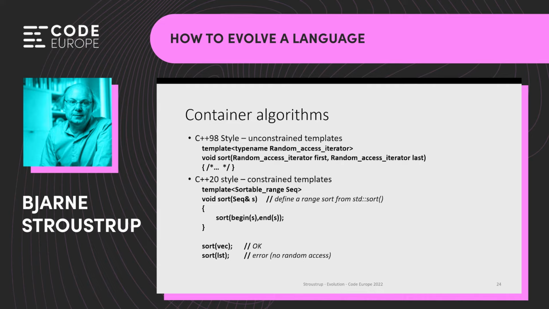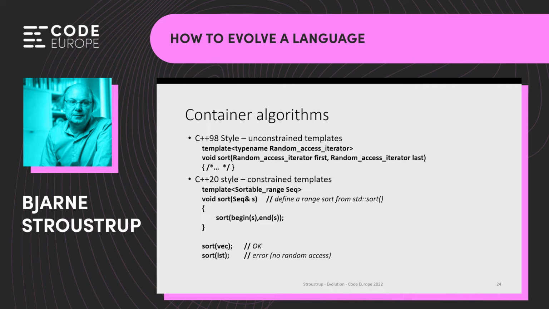This is fine. And it's sort of a pain in the neck because you have to say the beginning and the end, and 99% of the time you just want to sort a container. What kind of container? Well, a kind of container that's sortable.